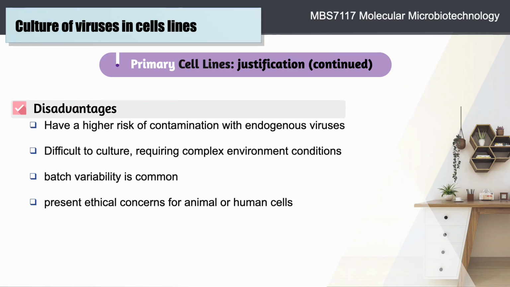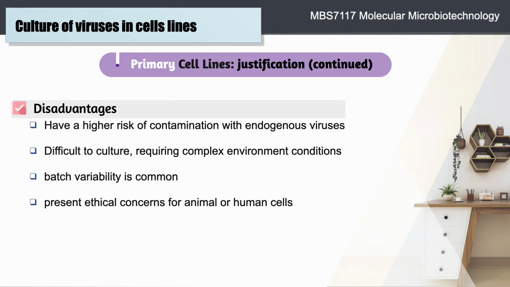That means when you harvest the primary cells from the host, you may be actually picking up endogenous viruses of this host, which you're going to bring into your lab, and they may affect your studies or the subsequent use of these primary cell lines. Another disadvantage is that they're difficult to culture. They require complex environmental conditions.